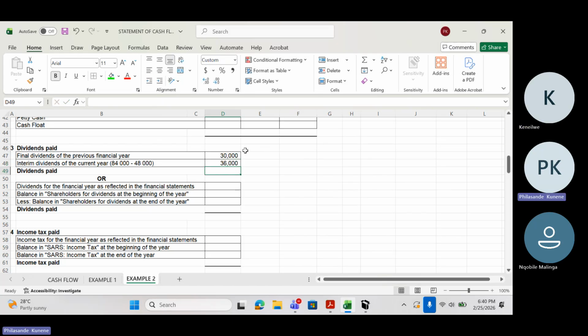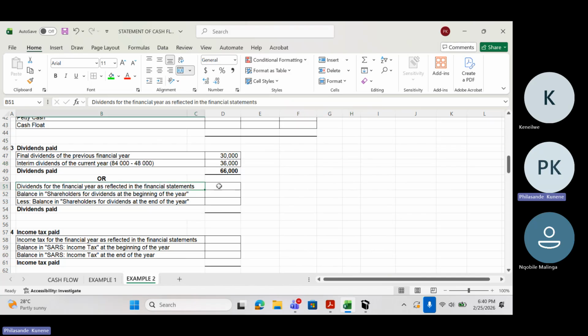Then how much is the total? Then I just need to add the 30,000, and then we're getting 66,000 rands. Okay. There is another method, which is the second note.